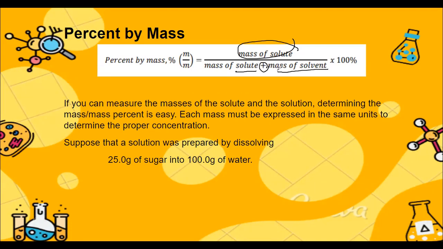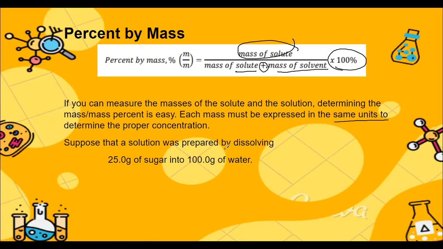So mass of solute and mass of solvent is also known as the mass of solution. So these two, you will multiply by 100%. So if you can measure the masses of the solute and the solution, determining the mass percent is easy. Each mass must be expressed in the same units to determine the proper concentration.